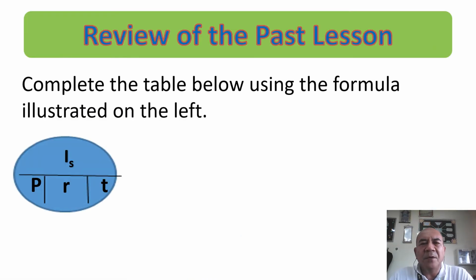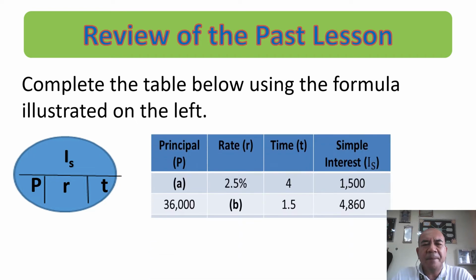First of all, let's begin by reviewing our past lesson. You're going to complete the table below using the formula illustrated on the left. That is, I stands for interest, which is equal to the product of the principal times rate times time.